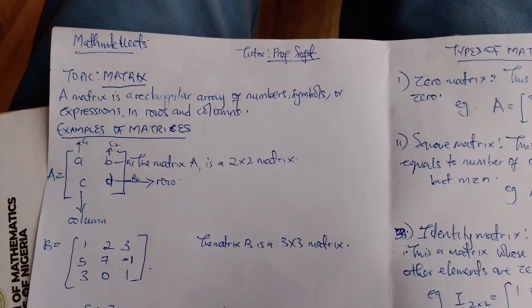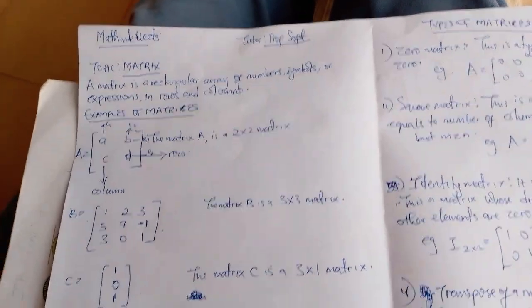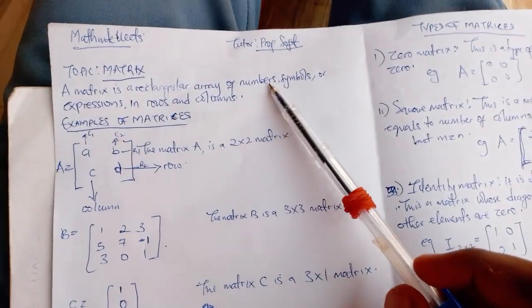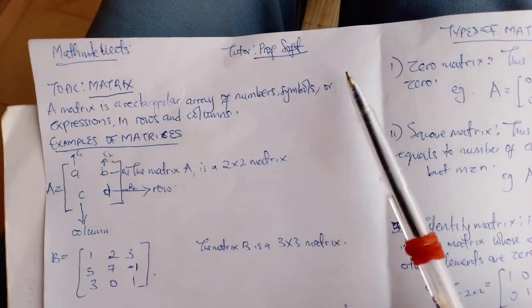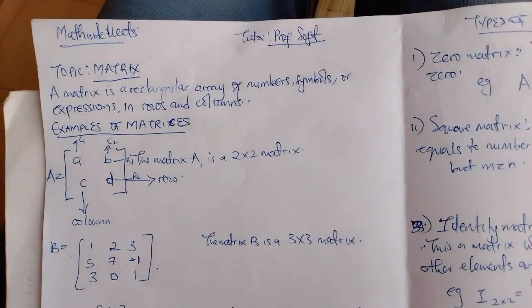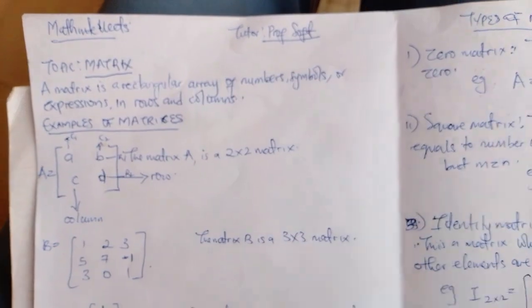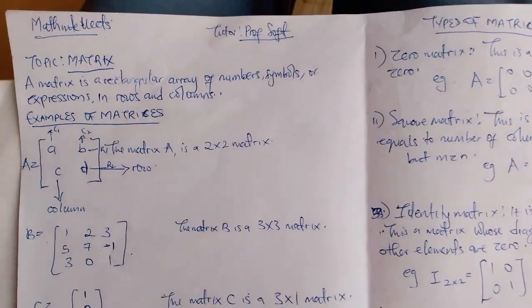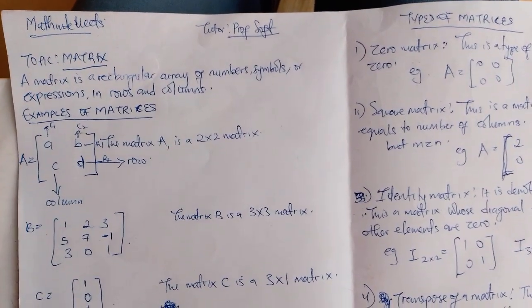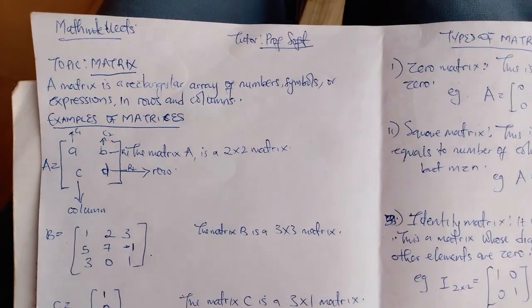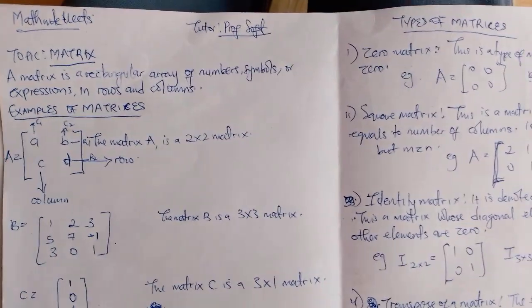Okay. Alright, so what is a matrix? A matrix is a rectangular array of numbers, symbols, or expressions in rows and columns. So it is not only numbers that form a matrix. The elements in your matrix might not only be numbers or letters, they can be expressions, they can be symbols, they can be anything.